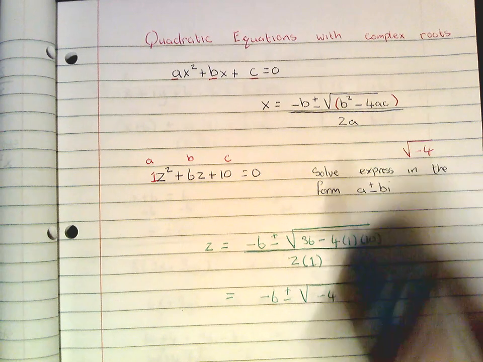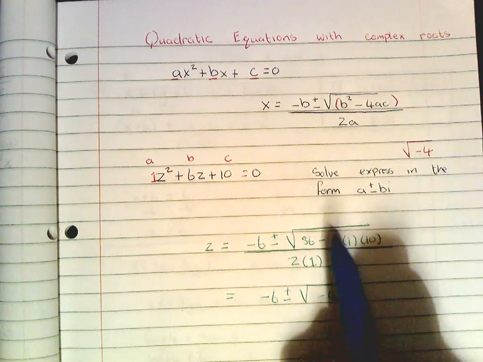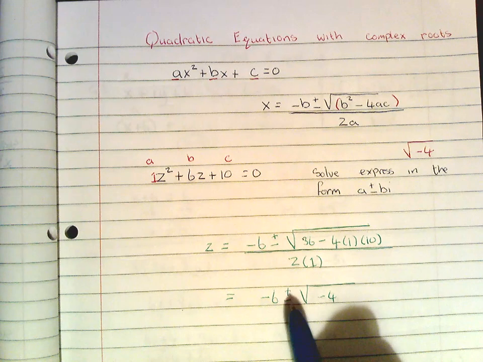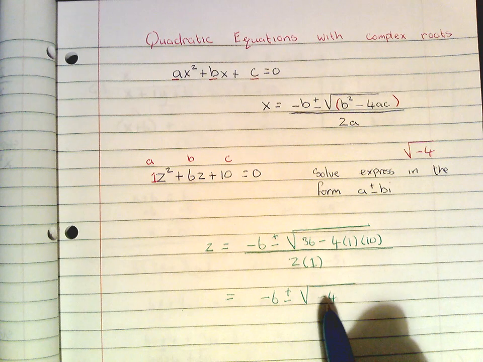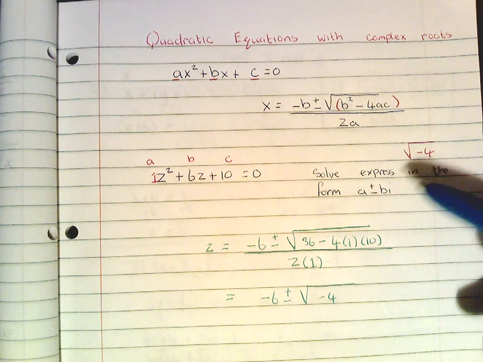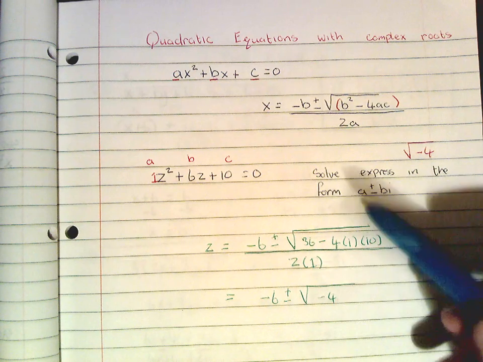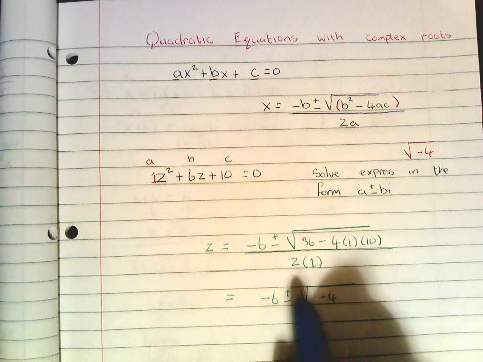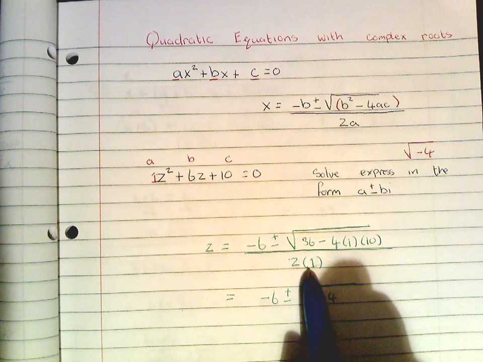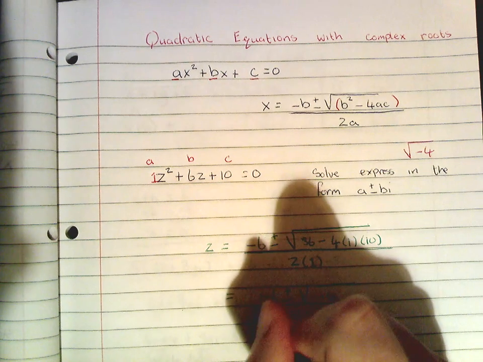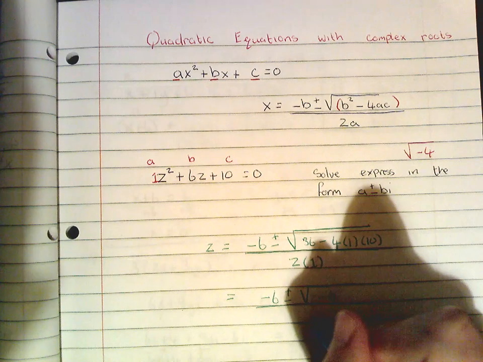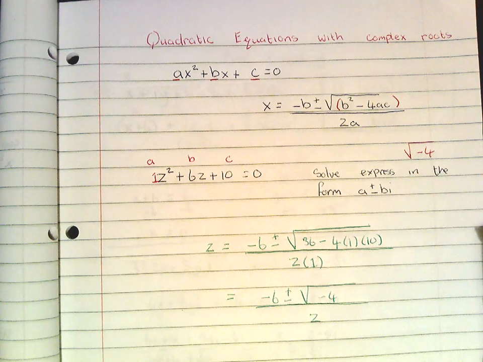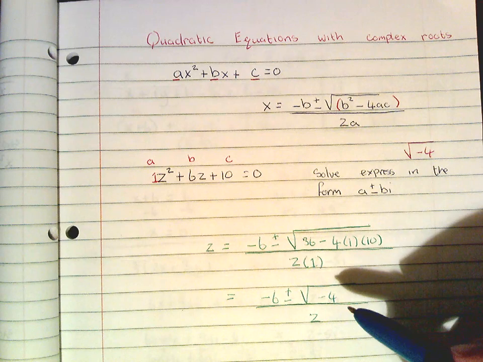Notice this part has worked out into a negative number. That means the roots are going to be complex numbers in this form. They'll have a real part and an imaginary part. And then that's all divided by 2 multiplied by 1, which is just 2. Okay, so that's what it looks like.